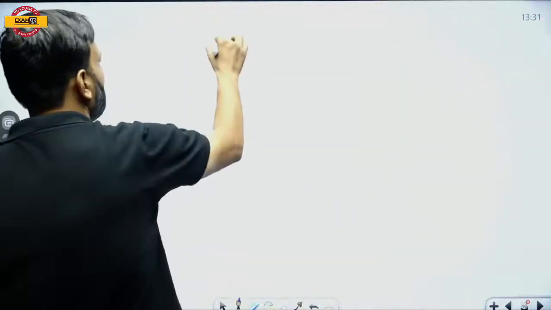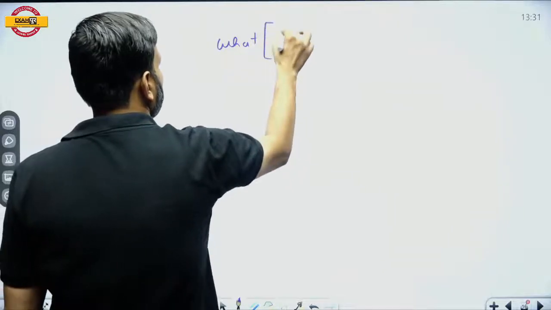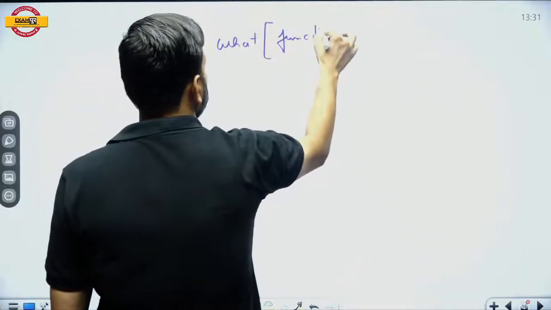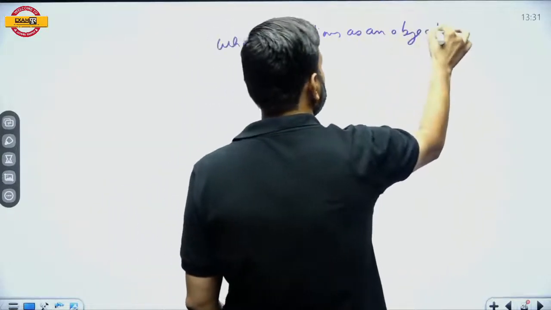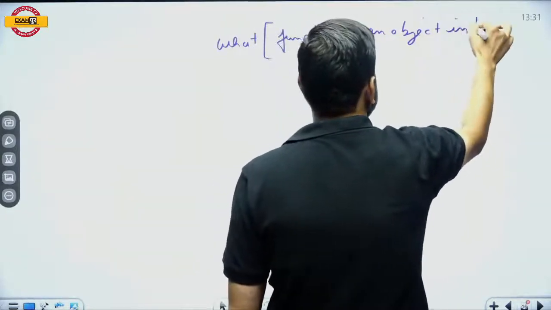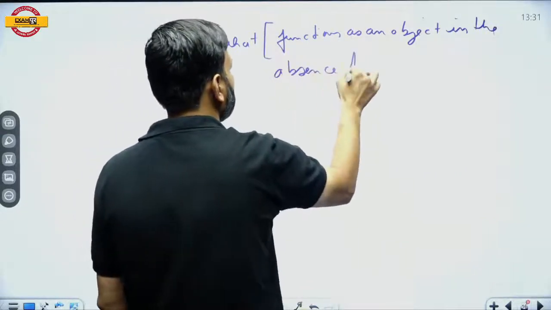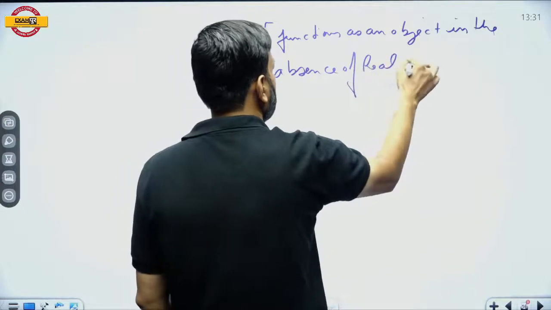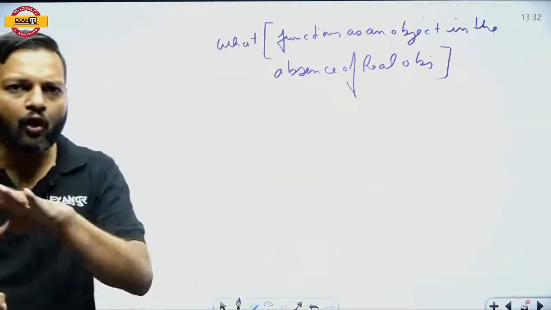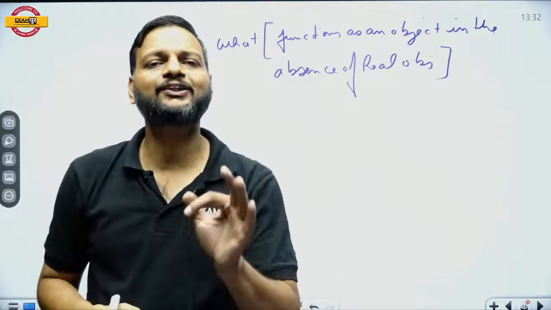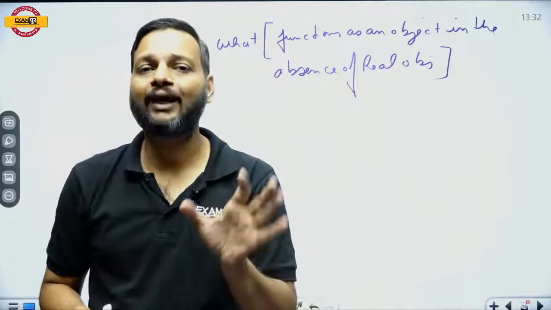See, what functions as an object in the absence of a real object. So if there is no object in a sentence, what functions as an object. You can say that what is also an object.